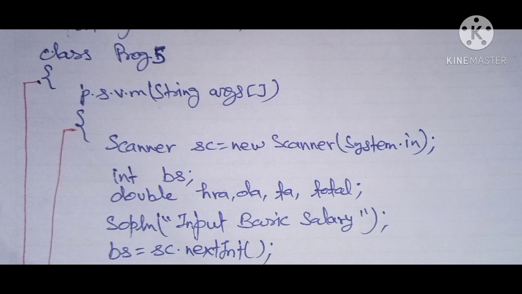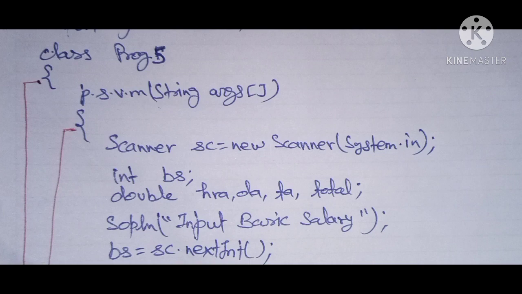In this line, the object of the Scanner class is being created, and the object name is sc. This sc is the object of the Scanner class. Using this sc, we can use Scanner methods to perform explicit input operation.